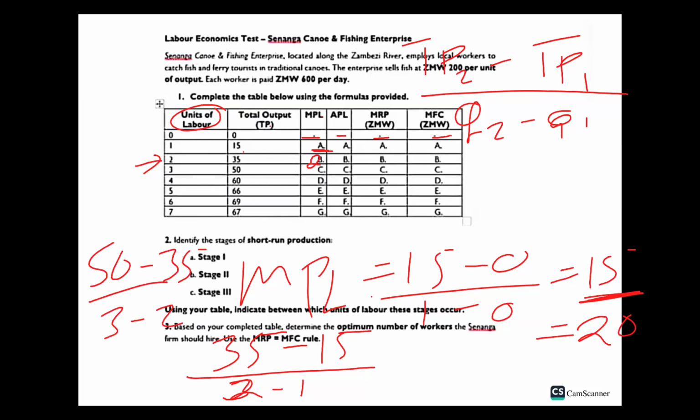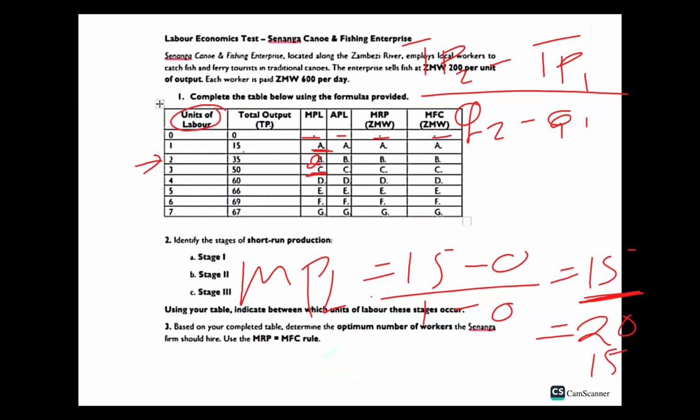That will give 15, so you record 15 on C. We're trying to be a bit faster, but you are following. When you go to D, you say 60 minus the previous one, which was 50, divided by 4 minus 3, that will be 10. So the value of D is equal to 10. Is that clear?